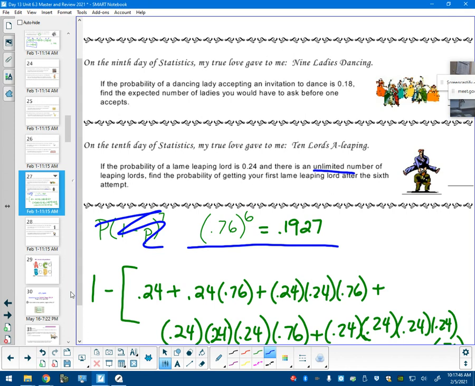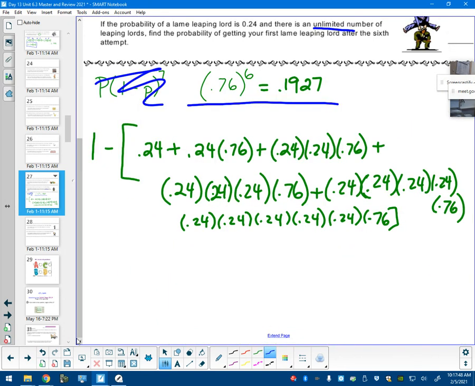But if you do it the straightforward way, which takes a little bit more work, you could do 1 minus the first lord leaping on the first lord, or it could be the second lord, or this would be the 3rd lord because you get 2 that don't leap. This would be the 4th lord, this would be the 5th lord, and this is the probability of getting it on the 6th lord. So 1 minus this also equals 0.1927.